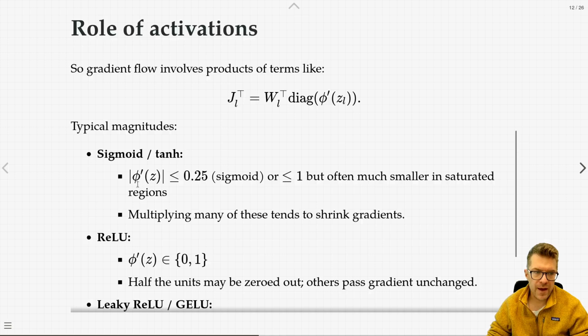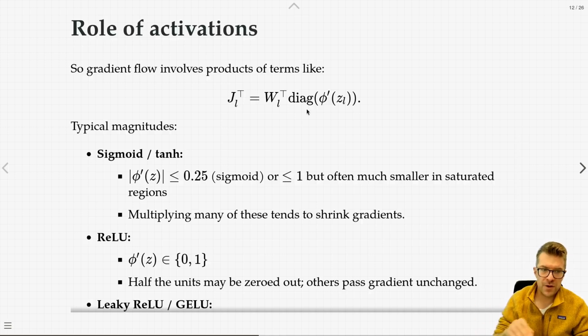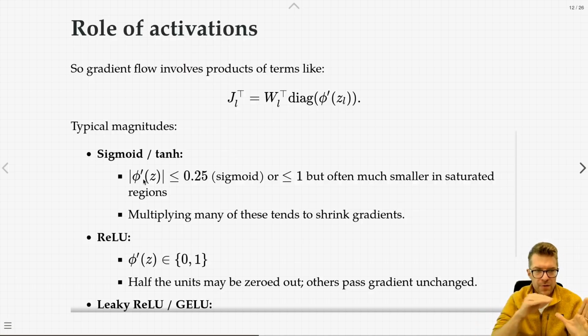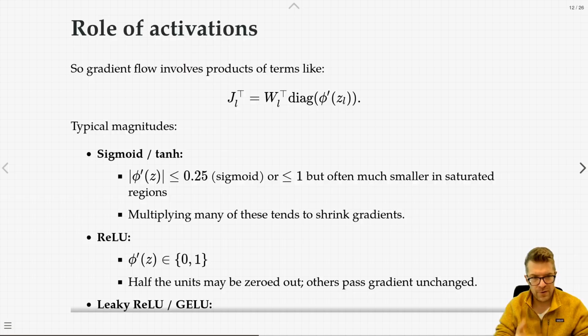Remember the sigmoid function goes between 0 and 1. For most of the inputs we're going to see, you can describe what the derivative of the sigmoid function given any z is going to look like, because we know what the derivative of the sigmoid is.